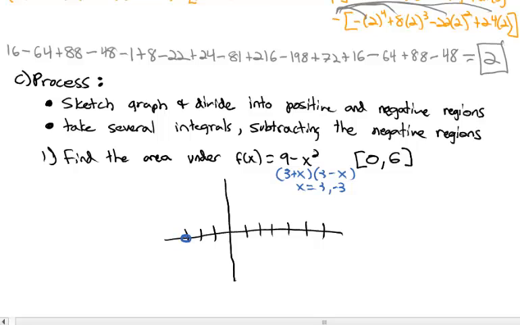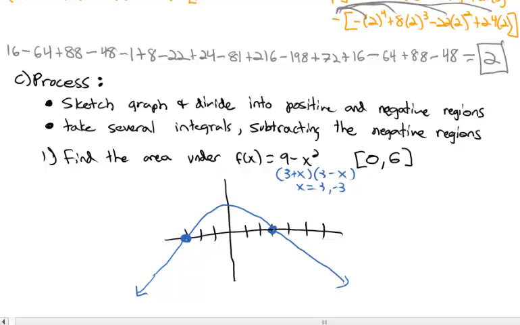So negative 3 and 3 are the x-intercepts. It's a negative x squared, so it comes in from the bottom, goes out at the bottom. So that's kind of parabolic, a little fat, but that's okay.